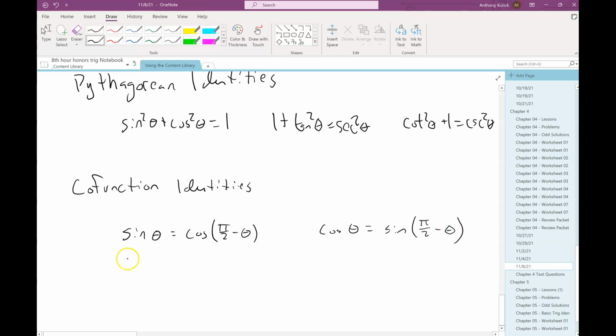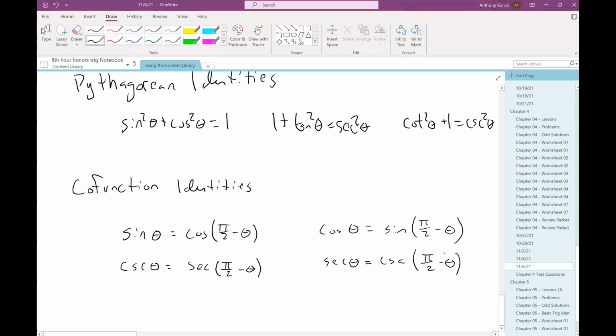Now, if this is true for sine and cosine, it's got to be true for their reciprocals. So cosecant theta is equal to secant of its complement, or secant theta is equal to cosecant of its complement.